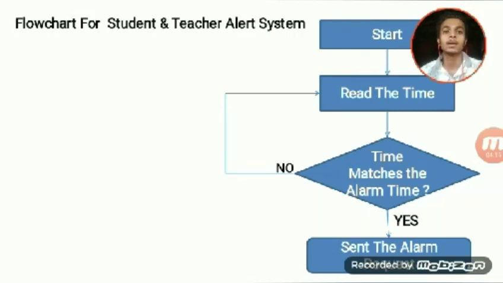So the particular subject teacher is taking the class of the particular subject, and that is announced automatically from the student module. And this whole system works only when the internet is provided, because for communication we have used Google Firebase, working with the Android application and our actual NodeMCU based system.